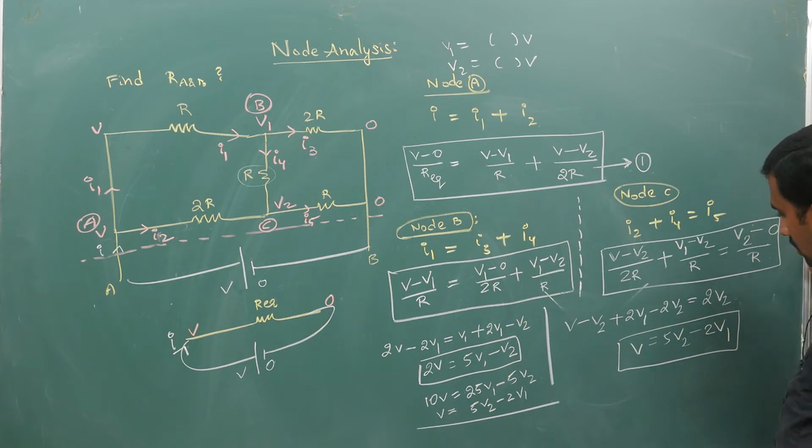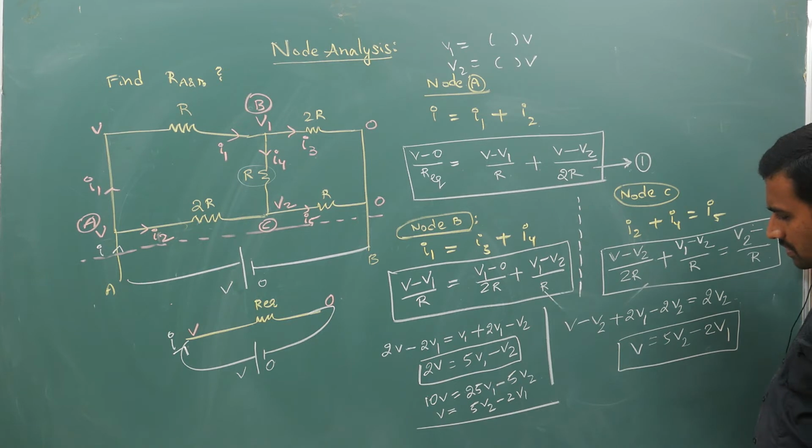What did I do wrong? 5V1 minus V2. So 5 2s are 10, 5 5s are 25V1 minus 5V2. V is 5V2, sorry. Yeah, I think I have done correctly.